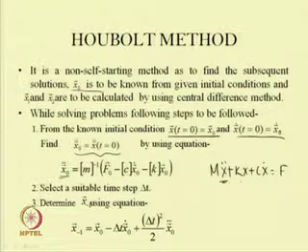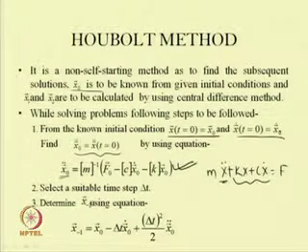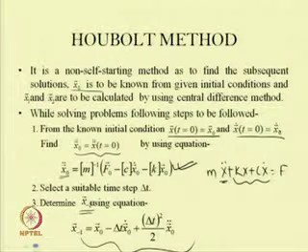By taking these two terms to the right hand side and putting m inverse, one can get the initial condition, and one can obtain this x minus 1 from this equation.